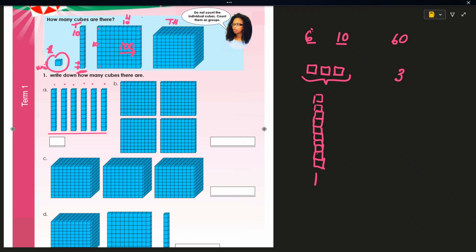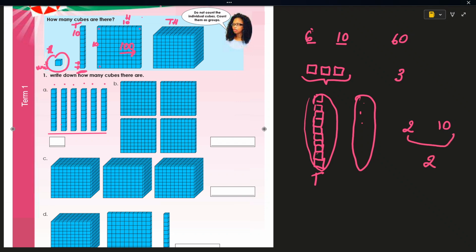This is called a 10. If you have another one here, I'm not going to draw it, you'll have two 10s. The easier way to write it is 20, which is 2 tens. That's basically what I wanted to explain here.